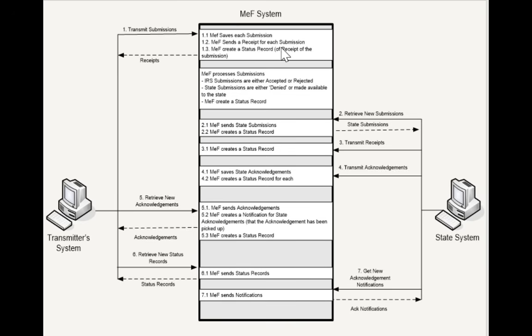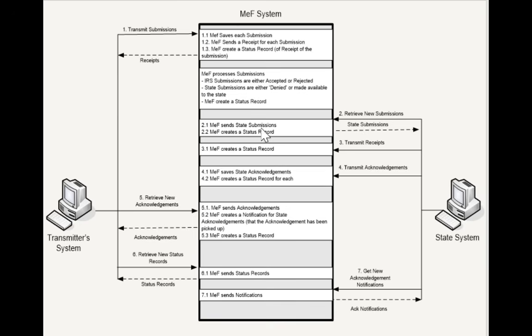MEF sends a receipt for each submission. MEF creates a status record or receipt of the submission. Those receipts are then sent back to the transmitter. Then once the submission is complete, in the next step, MEF processes submissions. IRS submissions are either accepted or rejected. State submissions are either denied or made available to the state, and accordingly MEF creates a status record.